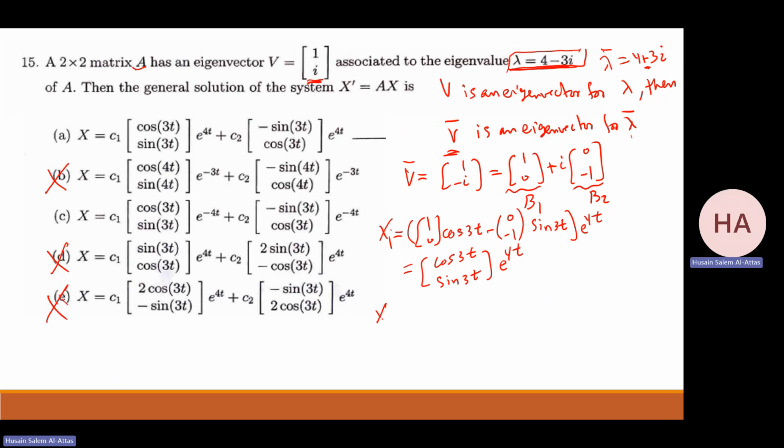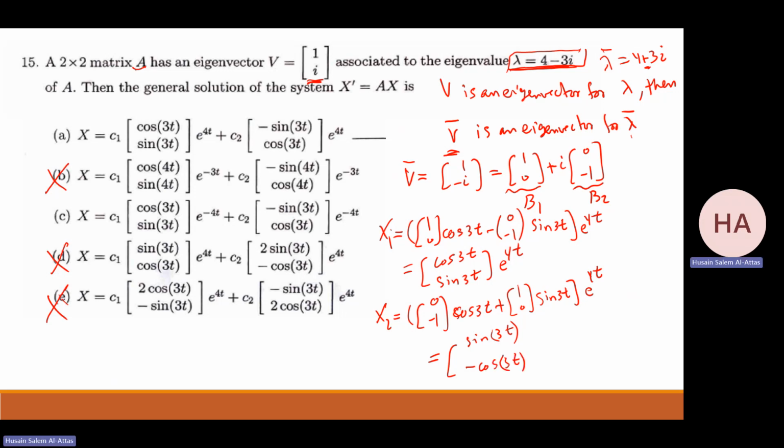Okay, so x2 will be what now? 0 minus 1 cosine 3t plus 1, 0 sine 3t, e to the power 4t, which is what? Now this is sine 3t, and the other one will be minus cosine 3t.